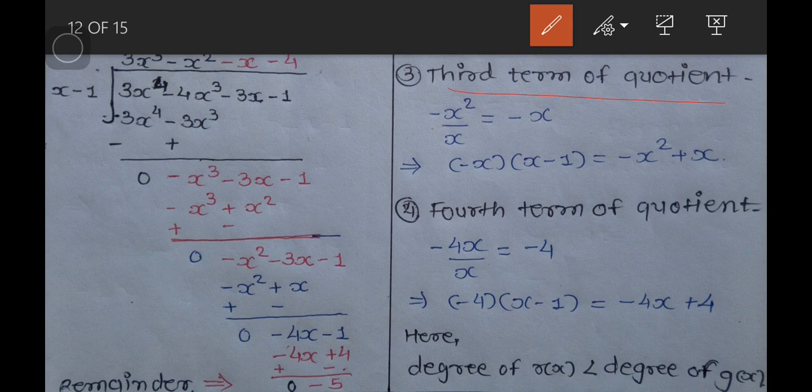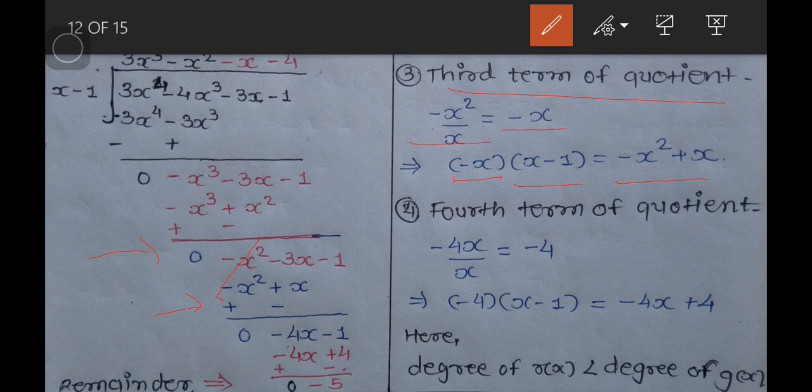So here again we repeat our process. First term of the dividend, we divide it by the divisor, then we get minus x. We multiply minus x with x minus 1, then we get minus x square plus x. Now we subtract it from our new dividend, that is x square minus 3x minus 1, so here we put plus and minus signs.